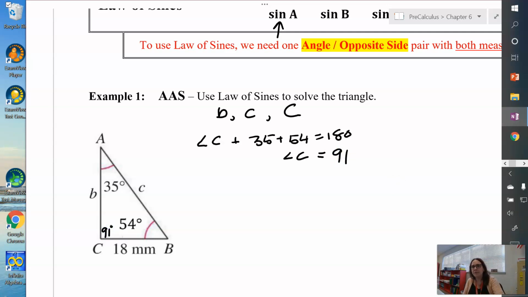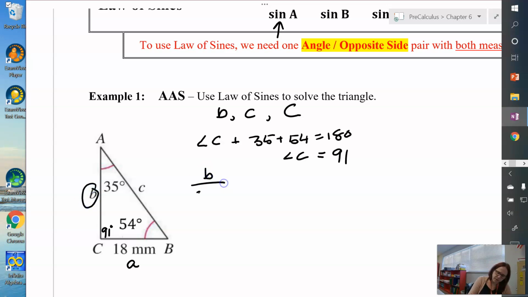Now let's use law of sines to get the other two items. So I am given little a is 18 millimeters, so let's go ahead and use that. Let's solve for b.